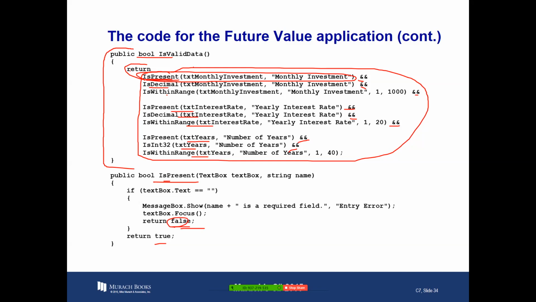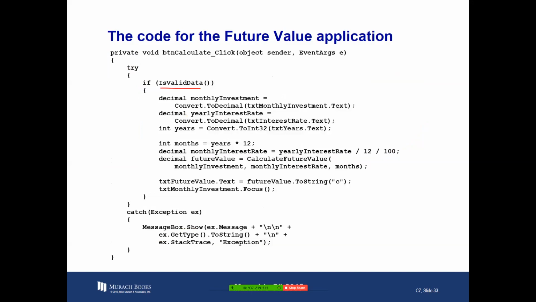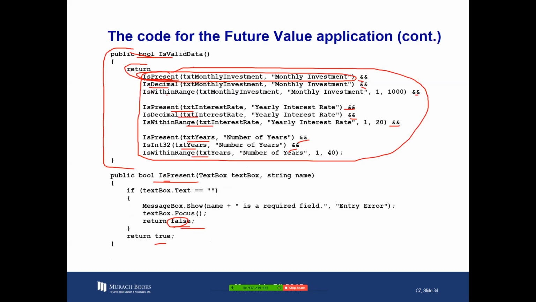It's going to return a false, and so this is going to be false. So if the data is not valid, then the error messages are going to come from way down here.